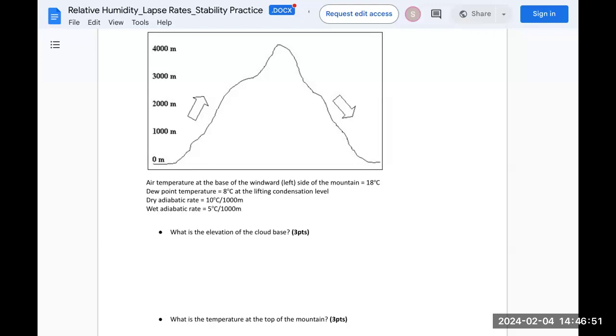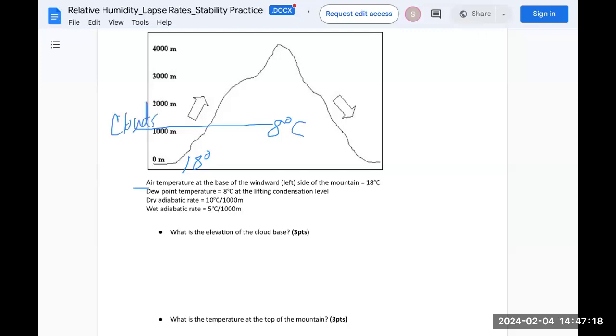Well, as long as the air is dry, which it starts at the base, it cools at 10 degrees per 1,000 meters. So if I go up the 1,000 meters, it started at 18 here. So now it is at 8, which is also the dew point. So this is your cloud base.